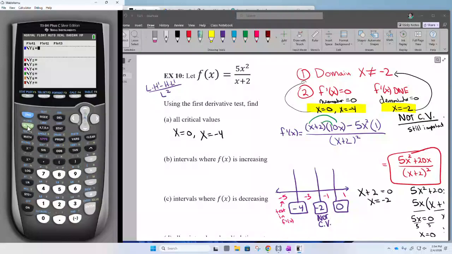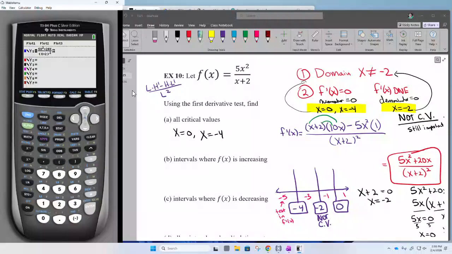If you're using a TI-83, put parentheses around the numerator and denominator. I'm going to do alpha y equals numerator over denominator, and do 5x squared plus 20x, and parentheses x plus 2 squared.